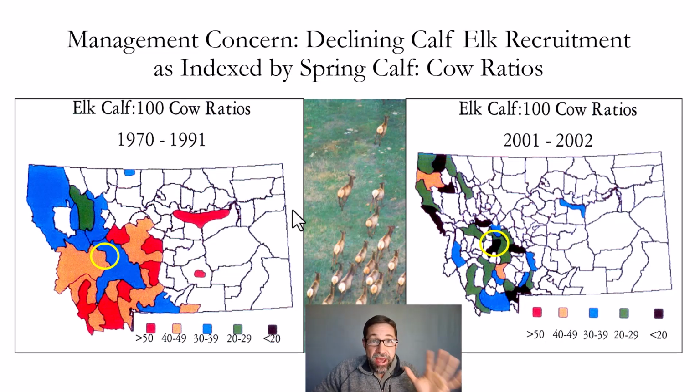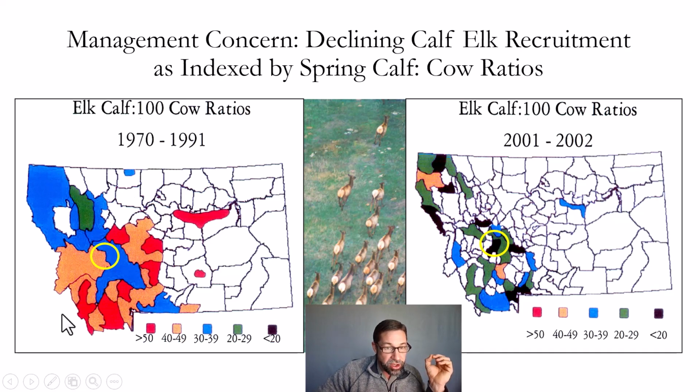The major management concern, the reason why we were funded to do this work, was declining spring green-up calf-cow ratios, which again are an index of calf elk recruitment. And we know recruitment is a measure of the young that are about to enter the breeding age population. I've got our study site circled in yellow, but you can look at trends across all of western Montana.